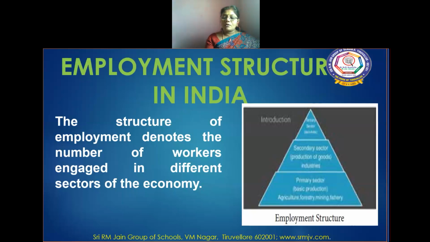And one more thing that we need is employment. So a person, if he is engaged in certain economic activity, and that person is capable to work and earn something, that person is called an employee.